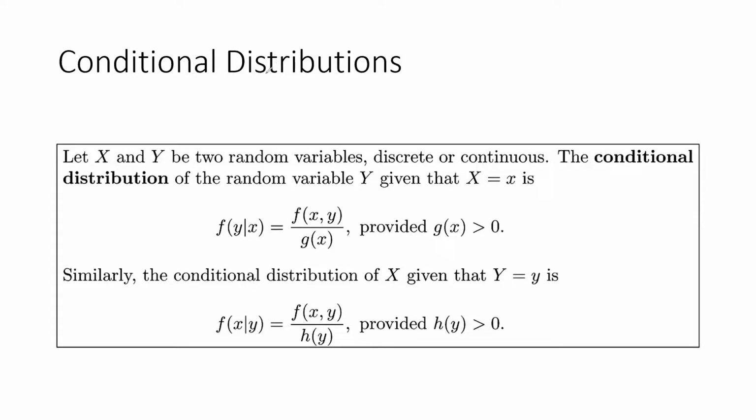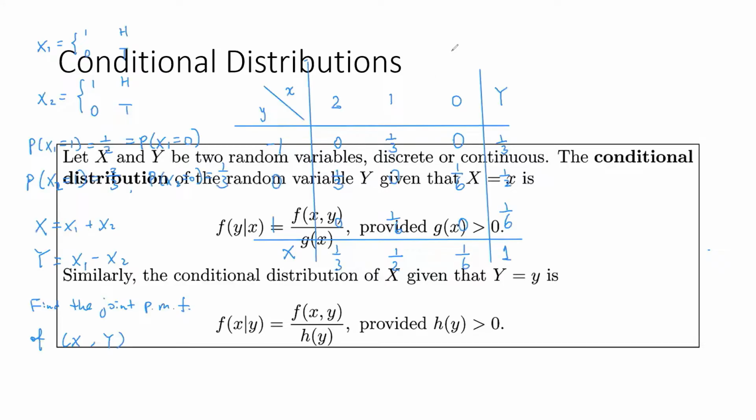So f of y given x is the joint distribution divided by the marginal of x, and the other way around is the joint distribution divided by the marginal of y.